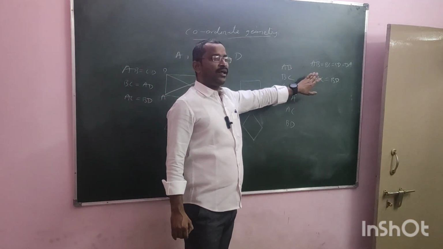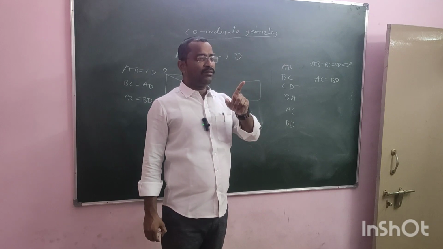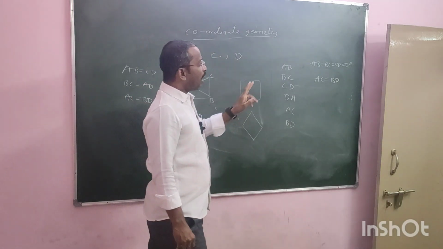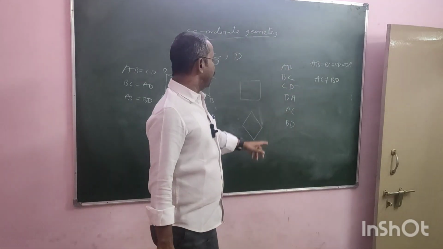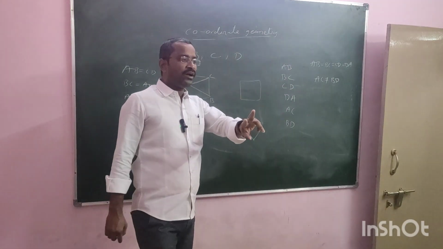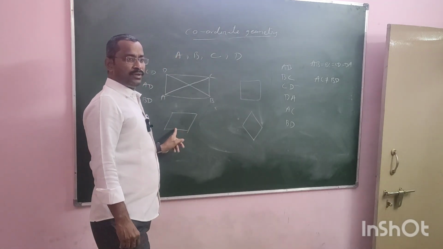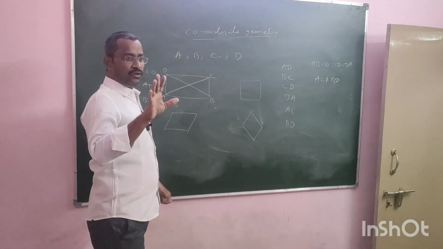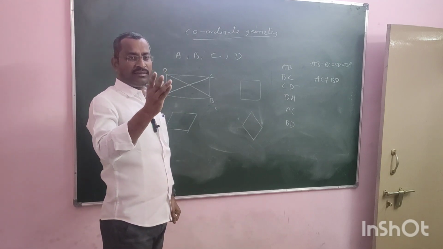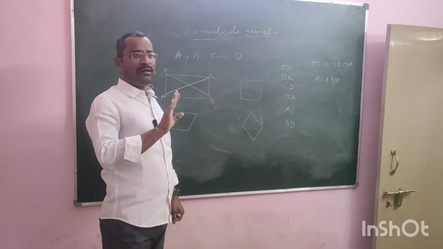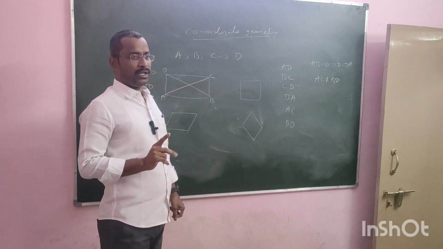All sides equal, diagonals not equal, then it is a rhombus. Opposite sides equal, diagonals not equal, parallelogram. Do you get the point? First find the distances AB, BC, CD, DA, AC, BD. If all sides are equal and diagonals are equal, square.